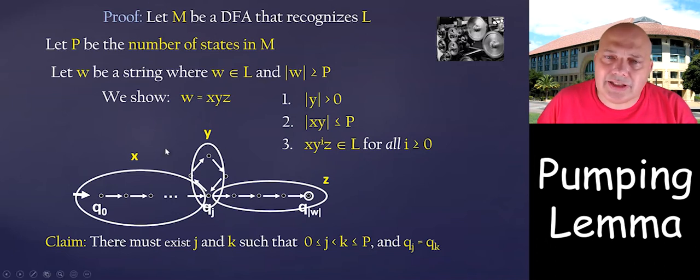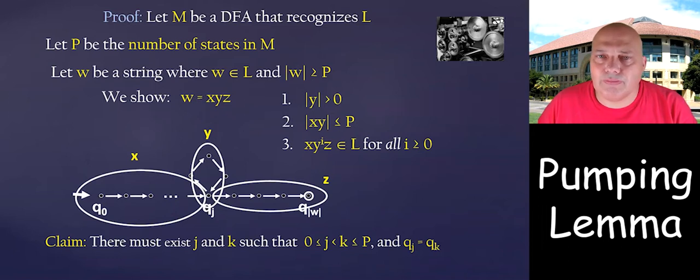So when you're in this state, you cannot distinguish whether you just read x, or whether you read x, y, or whether you read x and y 9 times. You don't have enough information to remember all that you've done so far. So DFAs forget, and they forget after a constant number of steps, and this is what we're using for the pumping lemma.